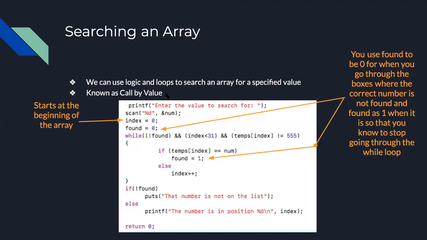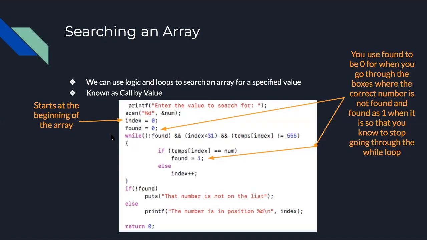Inside of there is the if loop. The if loop compares the number inside the array box and the number that you're trying to find. And if that number is found, it exits the while loop and enters into the second if else. If the number is not found, you move on to another box and repeat the while loop.